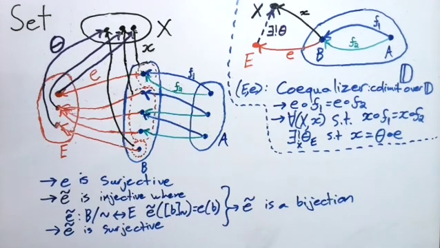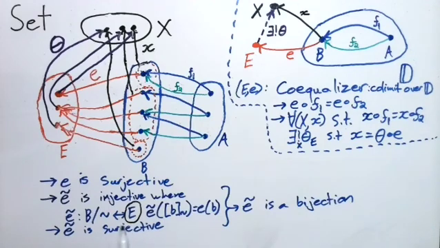Well, it's because E was our coequalizer object, right? And we know that E is in a bijection with B divvied up by tilde, the set of equivalence classes. But in the category of sets, a bijection is an isomorphism, and limits, therefore coequalizers, are only determined up to isomorphism.